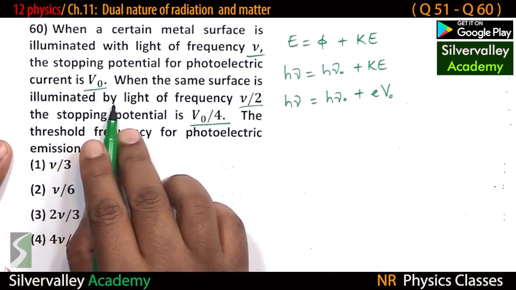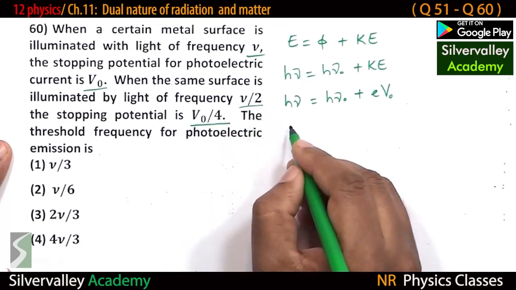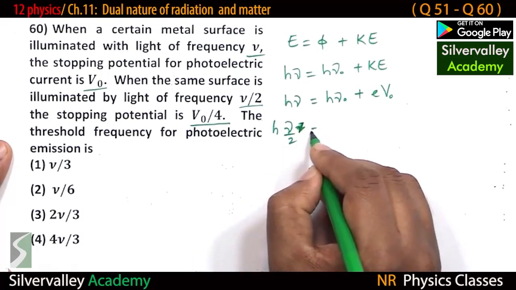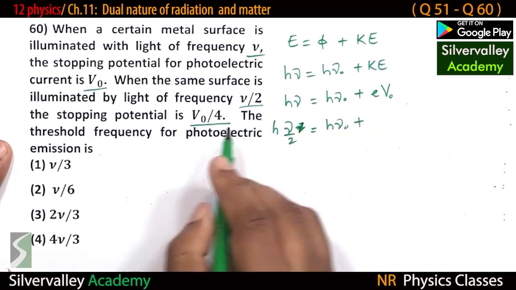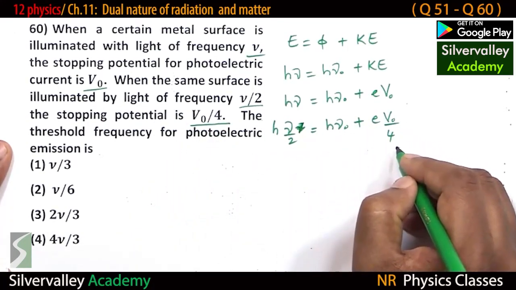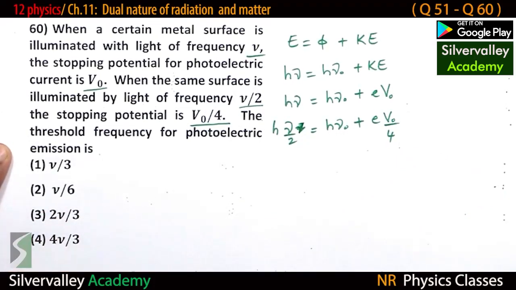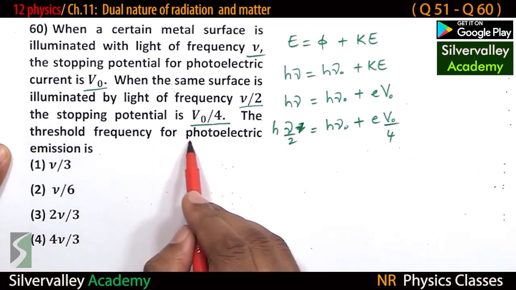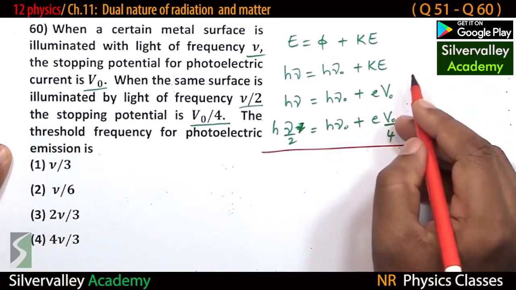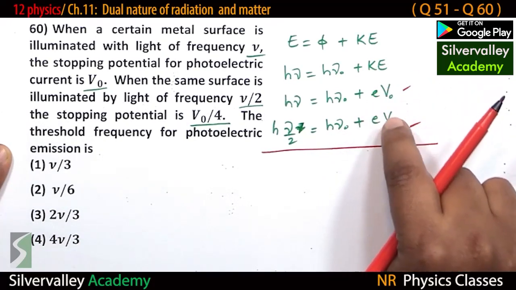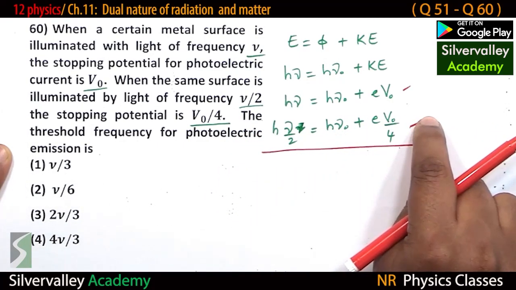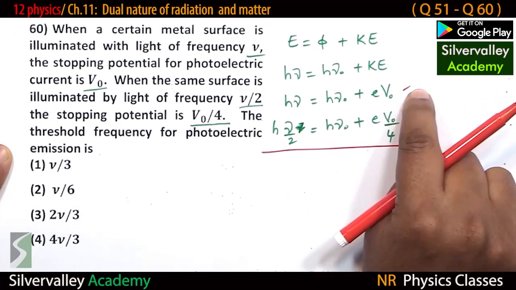When the same surface is illuminated by light of frequency nu by 2, now with frequency nu by 2, this is h nu by 2 equals h nu naught plus e V0 by 4, as stopping potential becomes V0 by 4. The threshold frequency for photoelectric emission is here. Simultaneous equations. We don't want this term, so multiply through this by 4, or divide through this by 4.